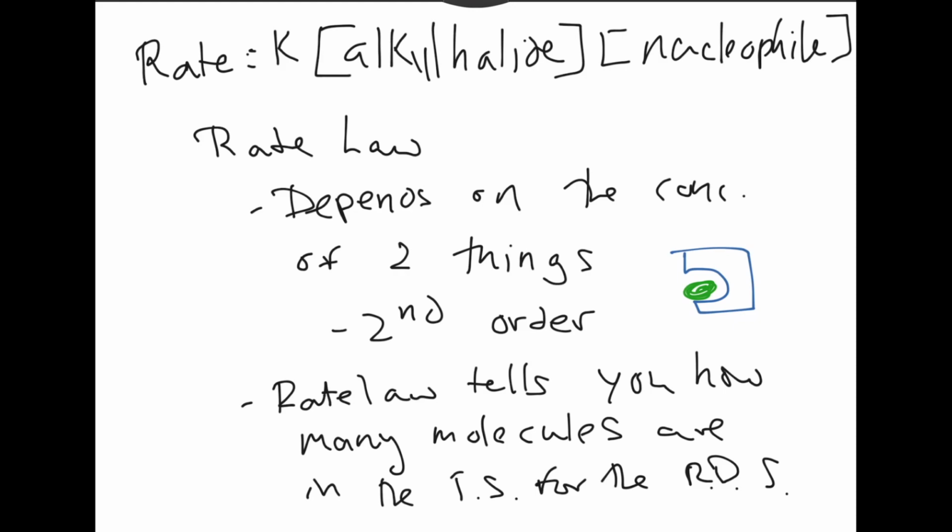So, what this rate law is telling us is that in the transition state, we have both the alkyl halide and the nucleophile. So in the slowest step of our reaction, both of these are present, right? It's not just one or the other, you have both, right?